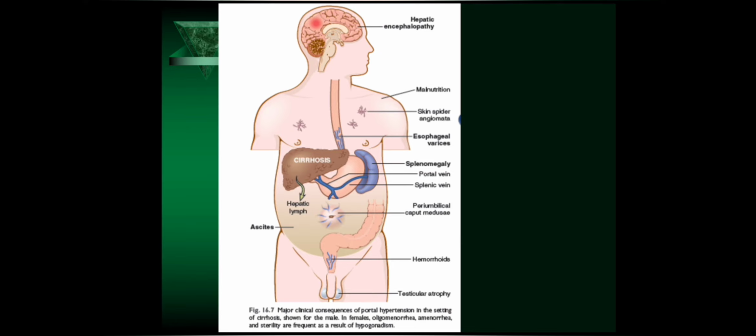He had all the features of portal hypertension, like caput medusae, and he had hematemesis, maybe because of esophageal varices, and hematemesis and melena were there along with testicular atrophy. What would be your diagnosis? It will be chronic liver failure, or you can also say cirrhosis leading to liver failure.